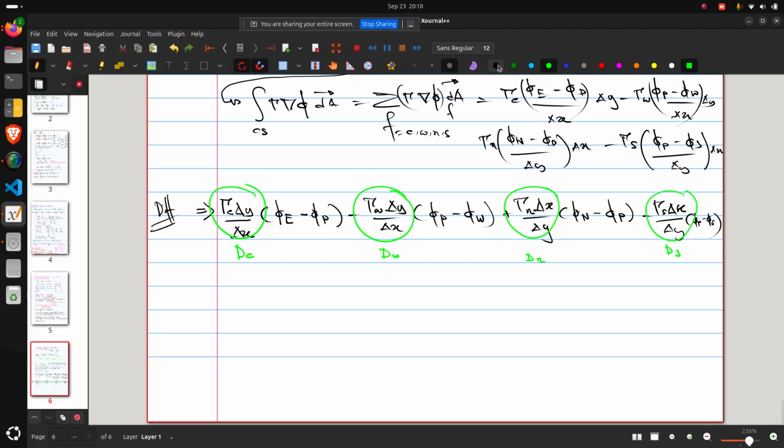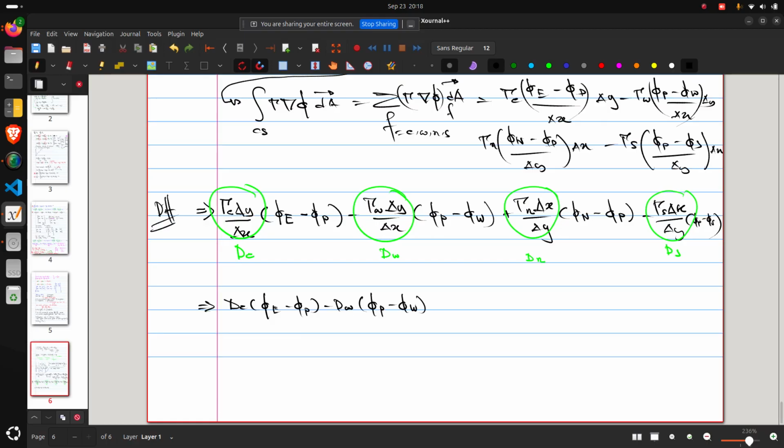So what will our diffusion term look like? It will look like d_e (phi_E minus phi_P) minus d_w (phi_P minus phi_W) plus d_n (phi_N minus phi_P) minus d_s (phi_P minus phi_S), right?